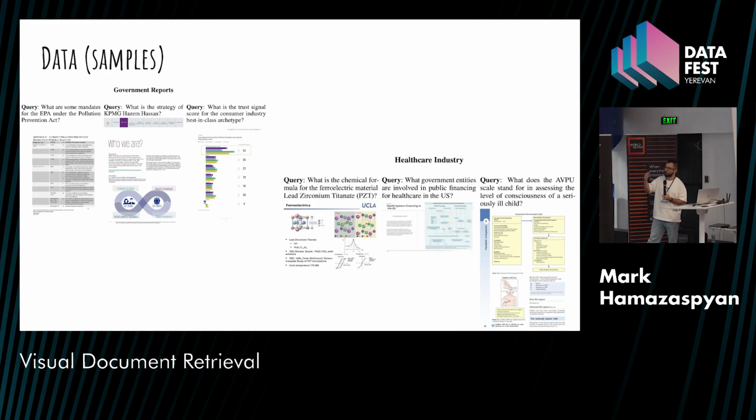So the retrieval part is that for this query we retrieve and understand what are the most relevant pages. You get those pages and then you proceed later with answering the question or anything else.